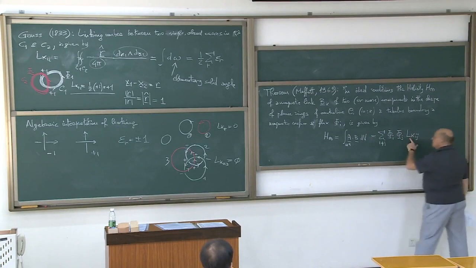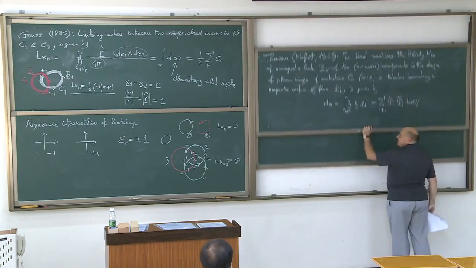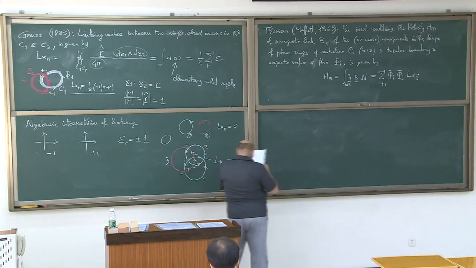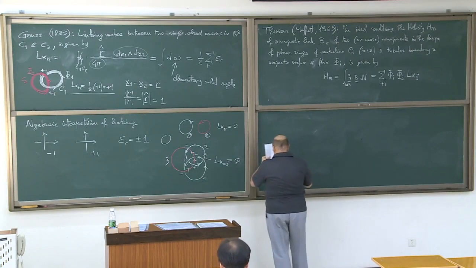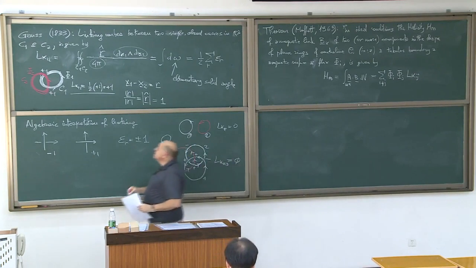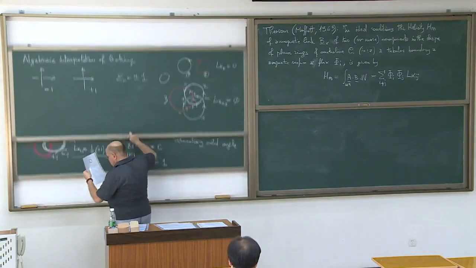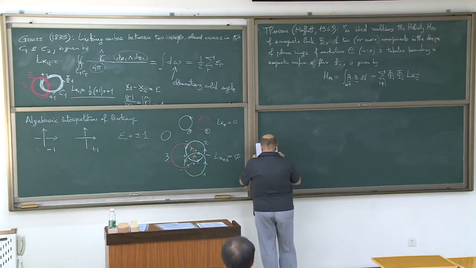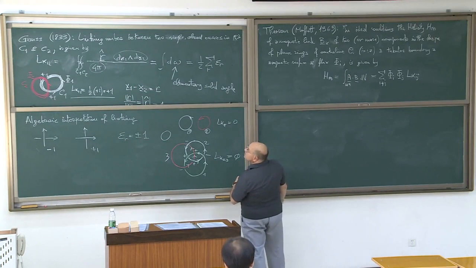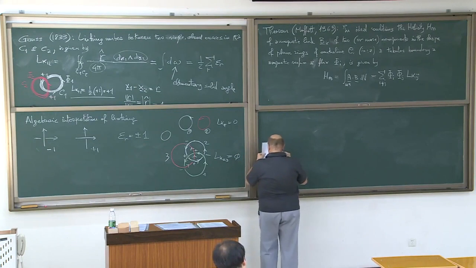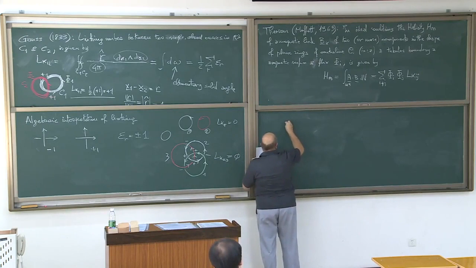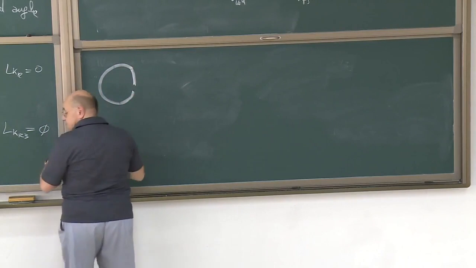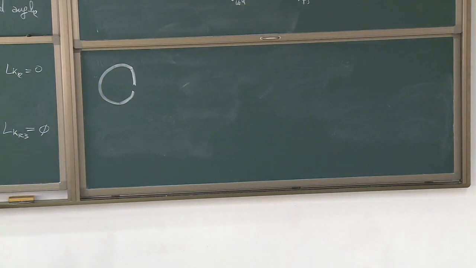But the helicity is expressed in terms of their linkage. Right, so I have to prove this. So we stick to these two rings, and now what I'll do, I'll just redo the drawing here. So I called the white one 1, phi 1. So let me do this. One is this, and the other is this.